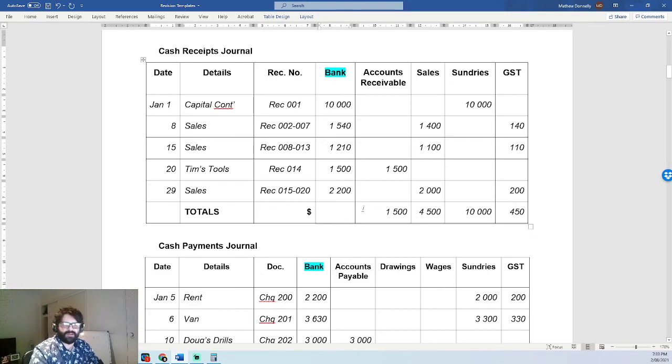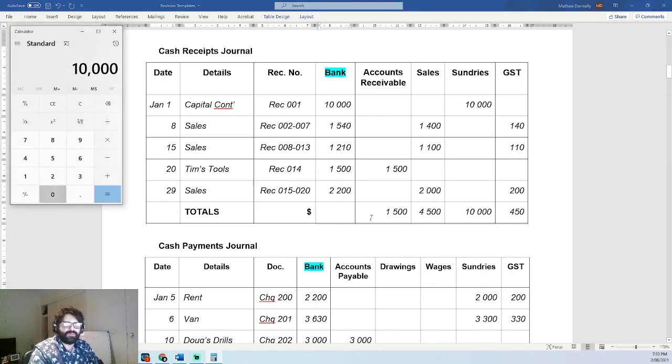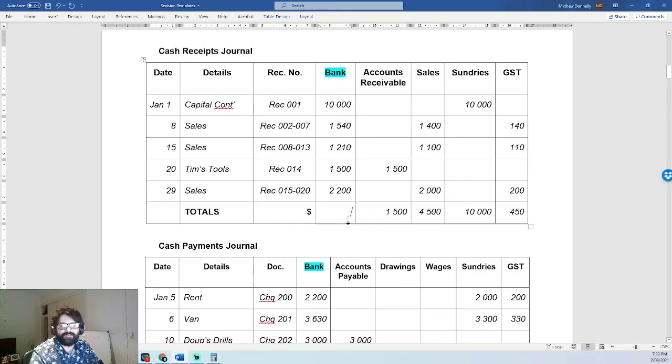And now I need to add the bank column down, or I can add the subtotals across. I'll do both. So we go 10,000 plus 154 plus 1210 plus 1500 plus 2200. And we see that's 16450.